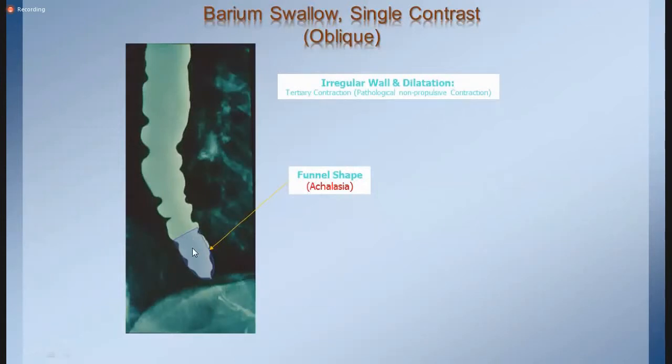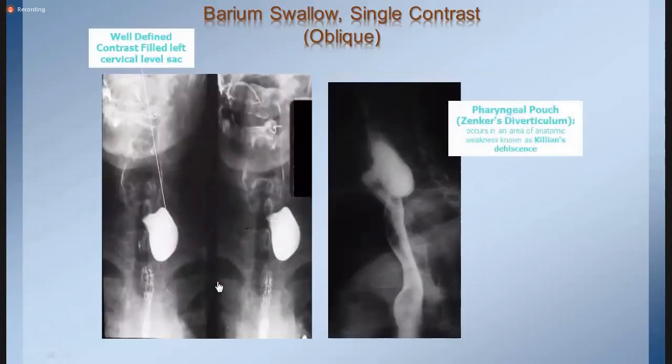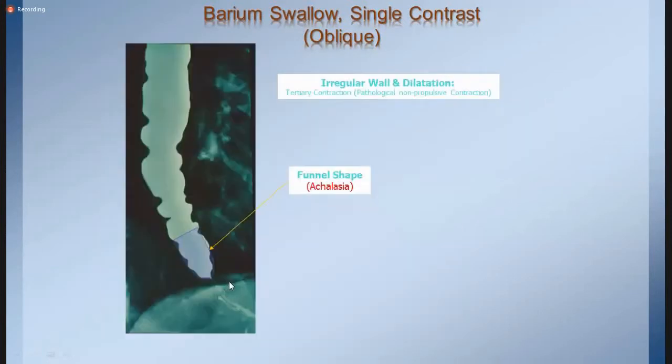So we have this contrast-filled dilated esophagus that has irregularities. These irregularities are because of tertiary non-propulsive contractions, and there is a funneling at the distal esophagus. So this is a case of achalasia, also called achalasia cardia, because it's seen at the cardiac end.